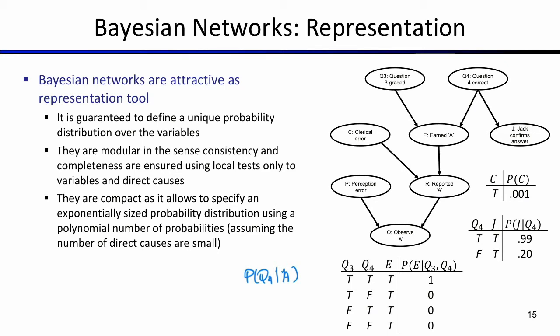We can see in the figure here that we just specified for the C, for the Q4, and for the E, right? So we have it specified just for a few of them, but we need to specify for every node in the Bayesian network. Once we have done that, we can compute the full joint. We don't do that because the full joint will be very expensive. But if we do it, it is very interesting.